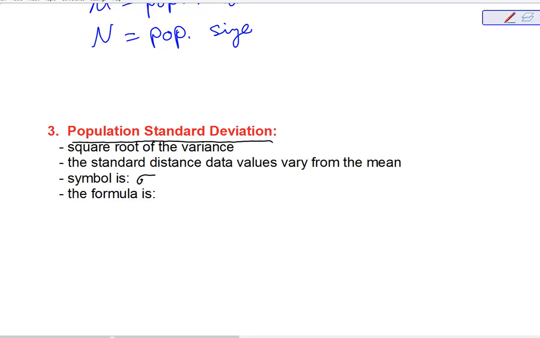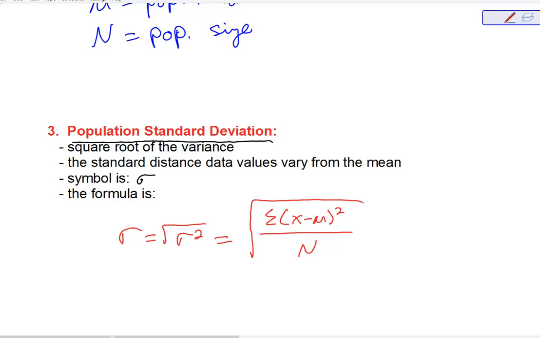And the formula is sigma, which is the square root of sigma squared, or it's the sum of our x minus mu values squared divided by N, and I'm going to take the square root of that. So I literally take the square root of my variance.